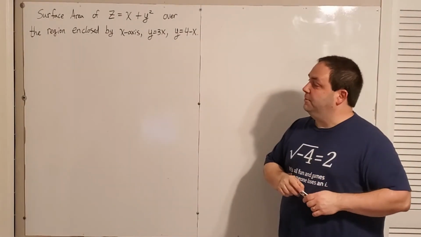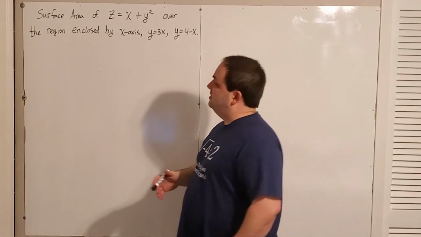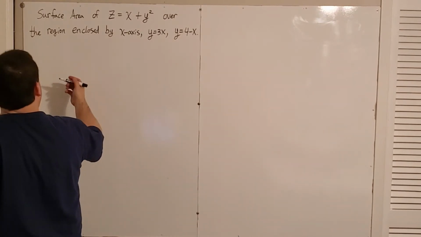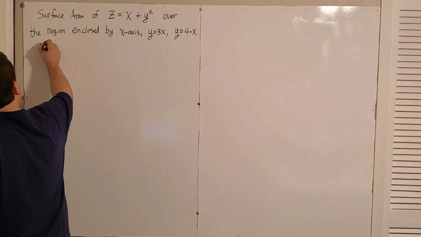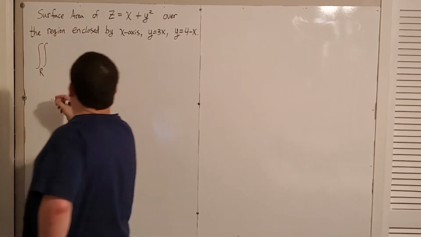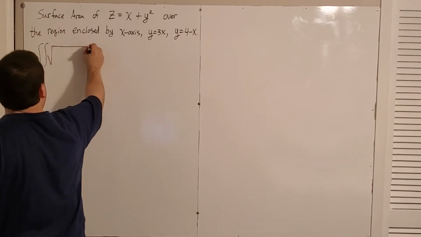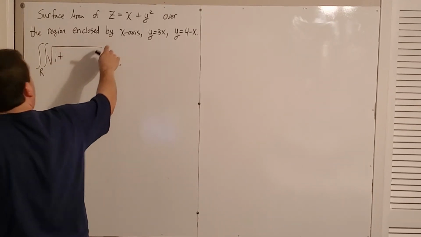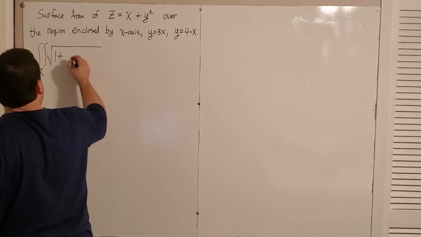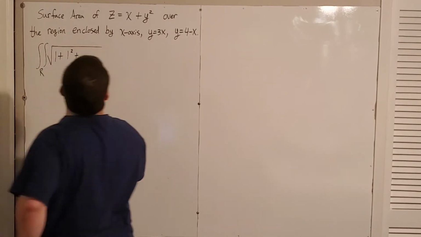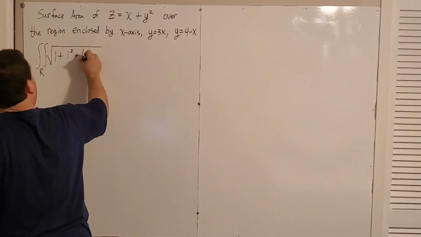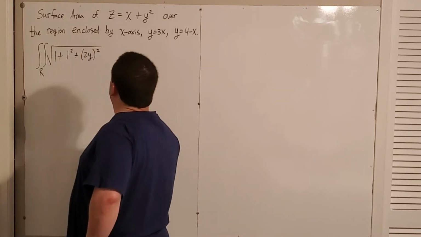So let's do this calculation. Now, I want to set up my integral first, right? Then worry about the region. Okay? So I'm going to have my double integral over the region R. I'm going to have square root 1 plus partial derivative of z with respect to x is just 1, right? 1 squared plus partial derivative of z with respect to y is 2y squared dA.